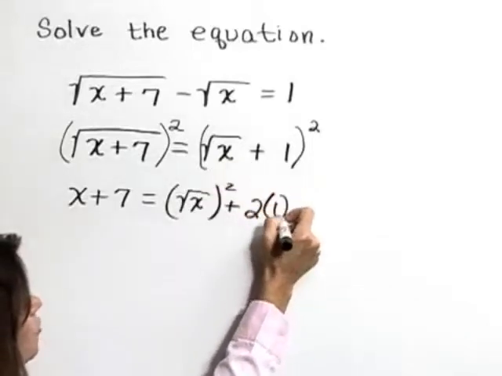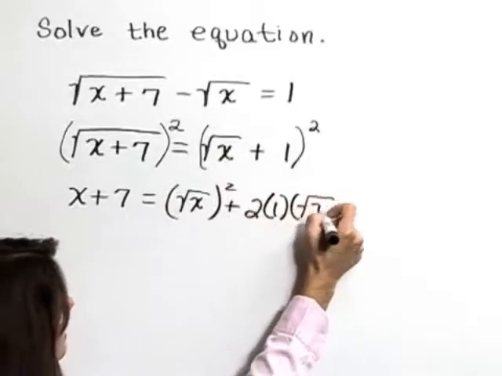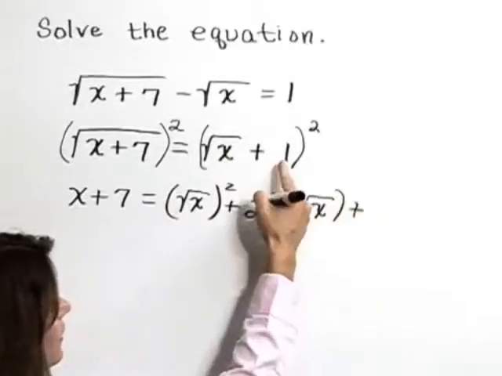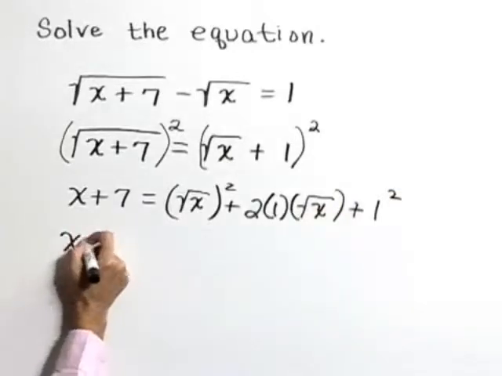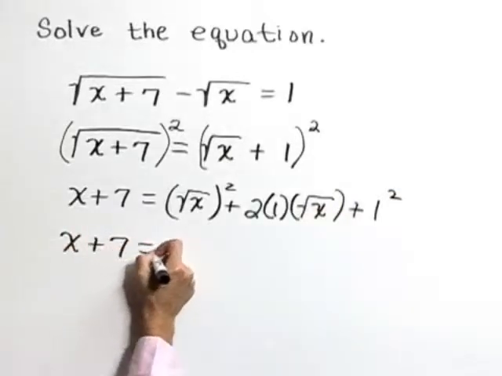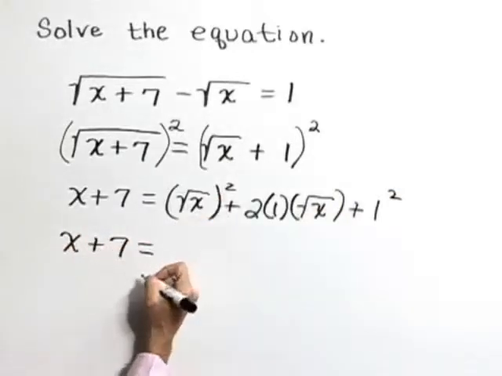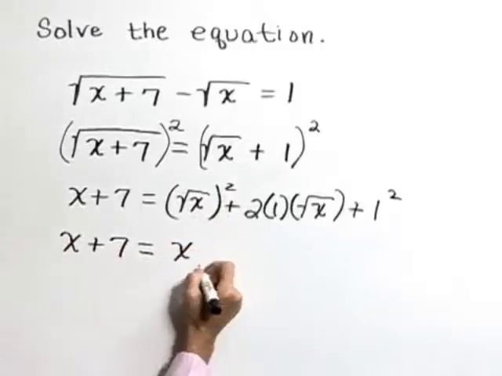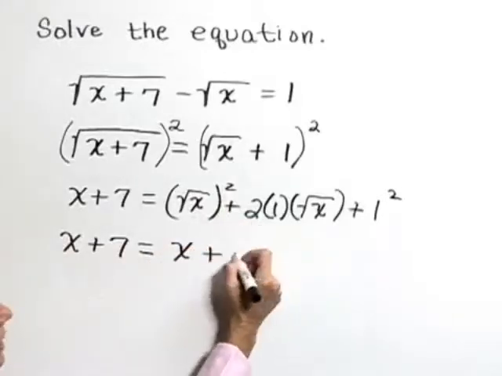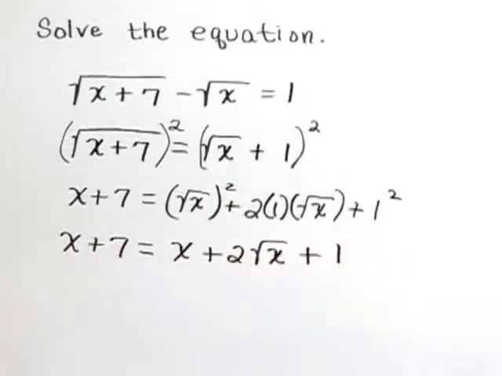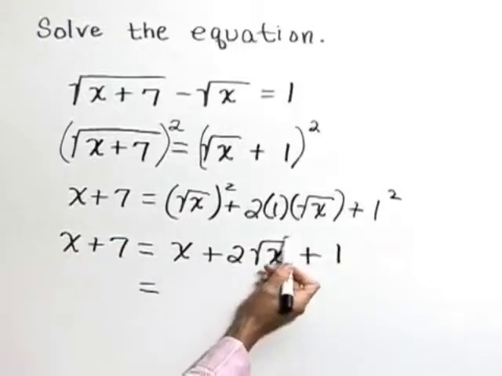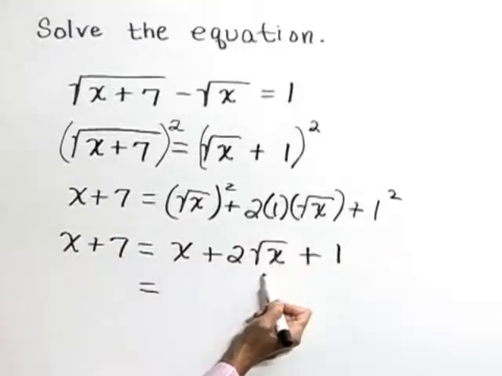So 2 times 1 times the square root of x, plus that last value itself squared. So this gives x plus 7 is equal to the square root of x, quantity squared, which is x. Our middle term becomes 2 times the square root of x, and we've got a plus 1 there at the end. As a next step, we see that we still have a square root radical in this equation.